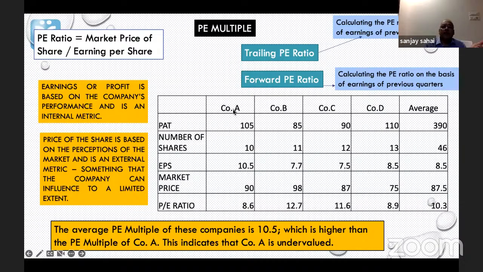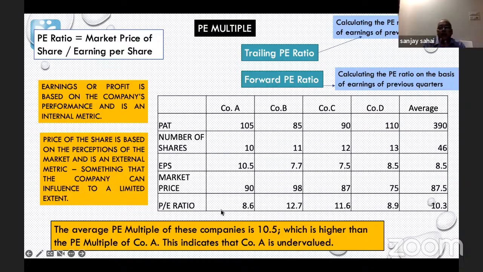Let's say the profit after tax of company A is 105. The number of shares is 10. You can imagine crores here, just to keep it simple. 105 by 10, the EPS is 10.5. The market price, let's say, is 90. Your price to earnings ratio, PE ratio, will be 8.6.